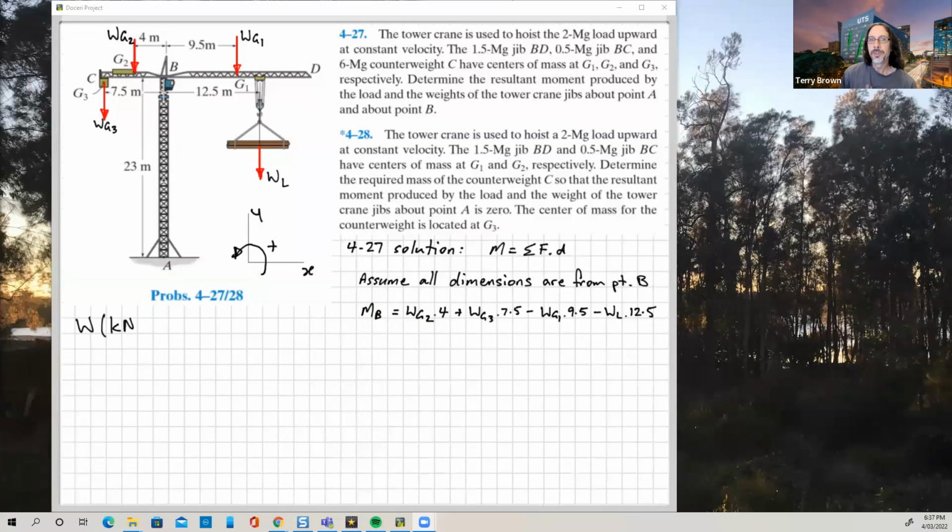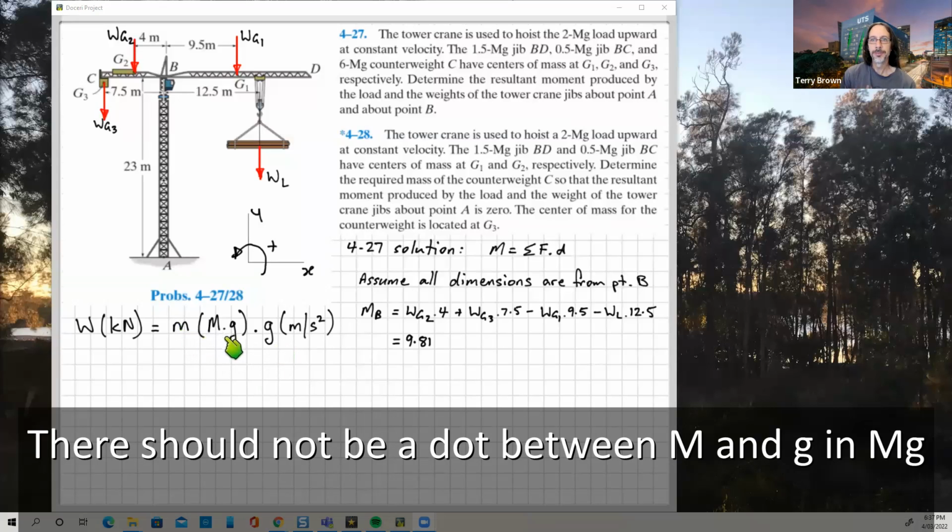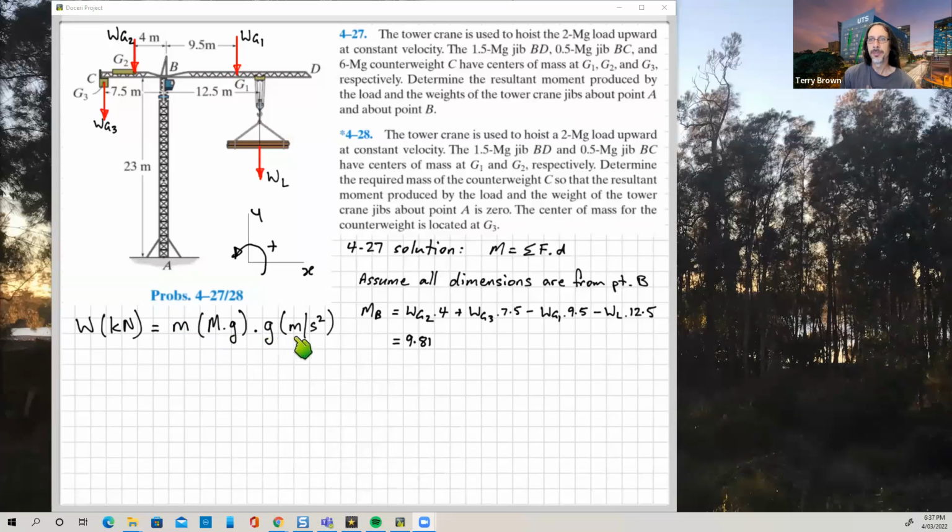Okay, so now we need to calculate the weight of each of these masses, and we know that the weight is equal to mass times gravity. Okay, so we're given mass in megagrams, and we know g is in meters per second squared. So here I've said the weight in kilonewtons is equal to the mass in megagrams times gravity in meters per second squared.